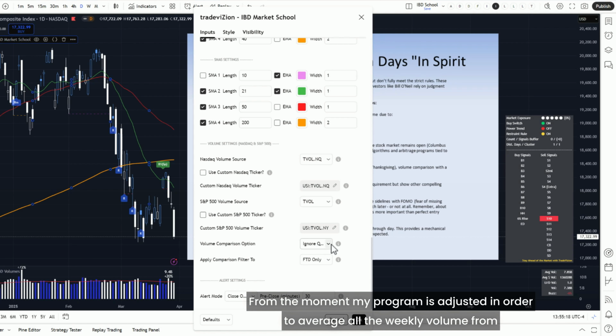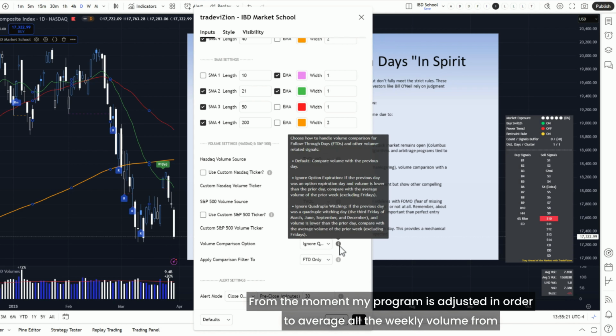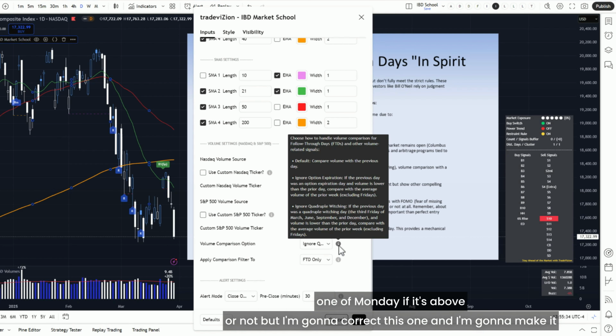From the moment my program is adjusted in order to average all the weekly volume from Monday to Thursday and see if this volume, the levels of this volume, and compare my existing one of Monday if it's above or not.